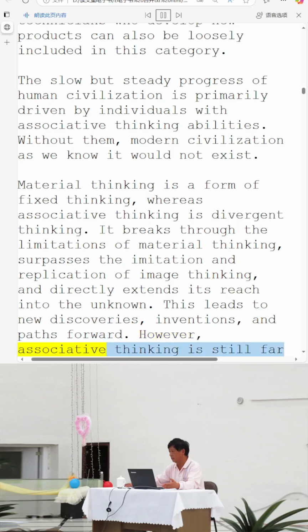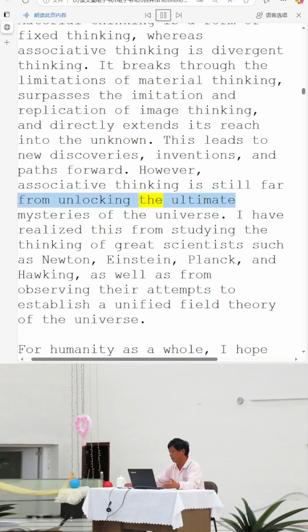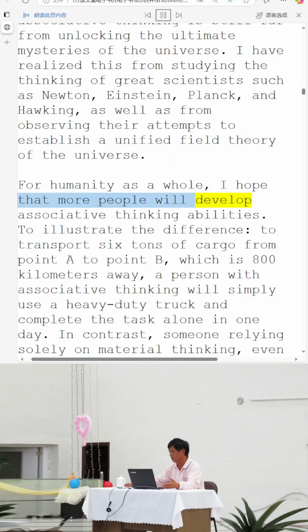However, associative thinking is still far from unlocking the ultimate mysteries of the universe. I have realized this from studying the thinking of great scientists such as Newton, Einstein, Planck, and Hawking, as well as from observing their attempts to establish a unified field theory of the universe. For humanity as a whole, I hope that more people will develop associative thinking abilities.